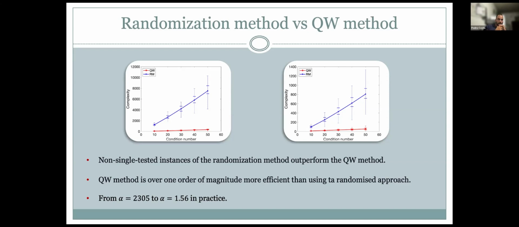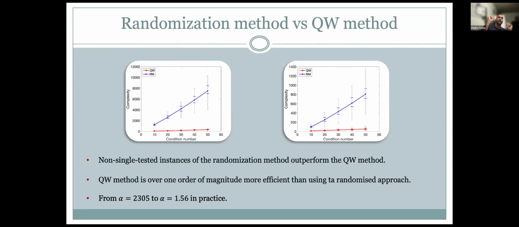It is important to mention that in all the cases tested, there was only one single instance of the problem where the randomization method could do better. More than that, for a particular property of the matrix, imagine I have a 16 by 16 matrix with condition number equal to 20, and I have 100 instances.